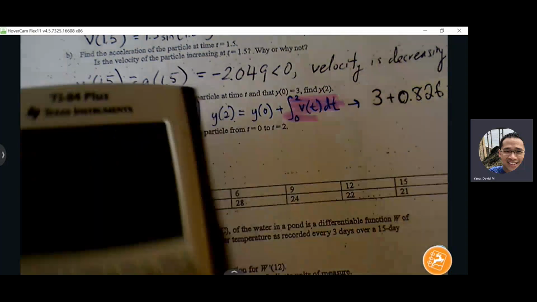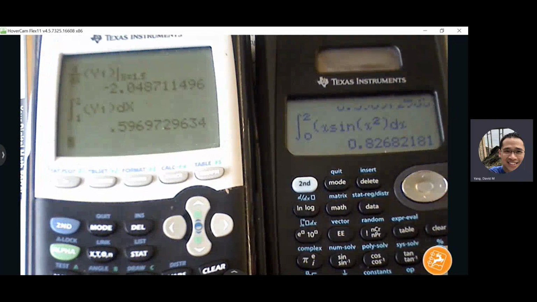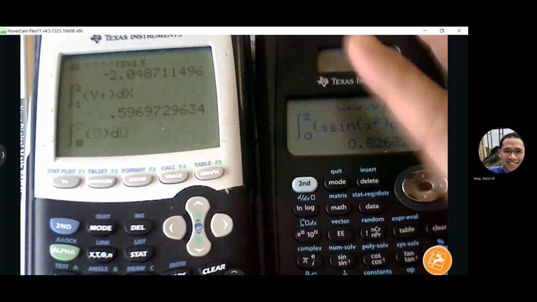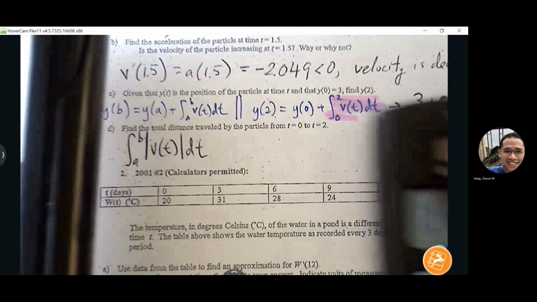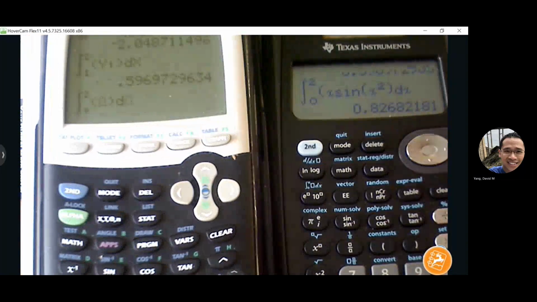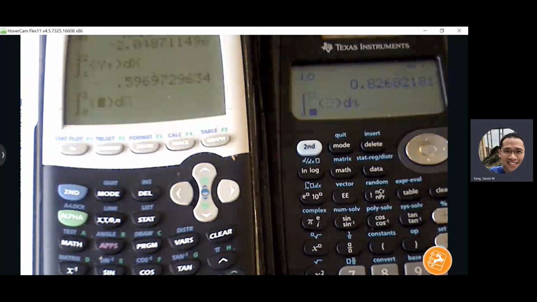So let me show you how to arrive at that in your calculator. Again, you're going to go to Math 9. We're going to go from 0 to 2. Okay. Let me get to the same point on this calculator.